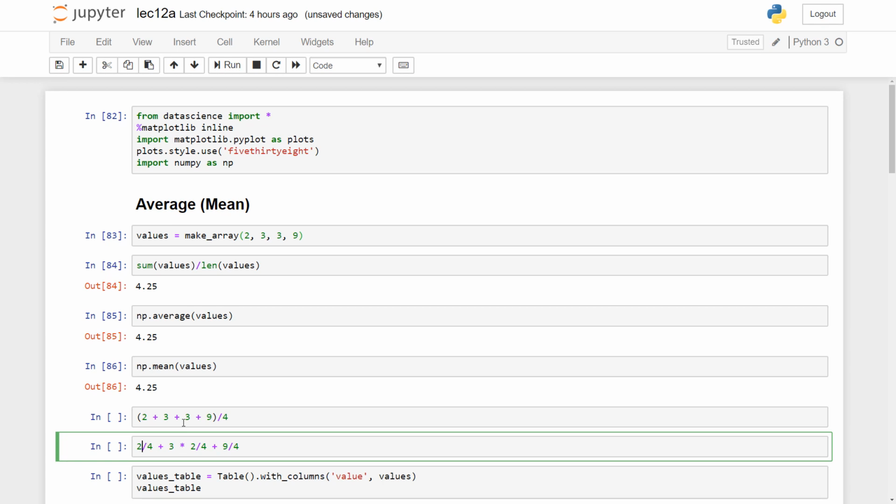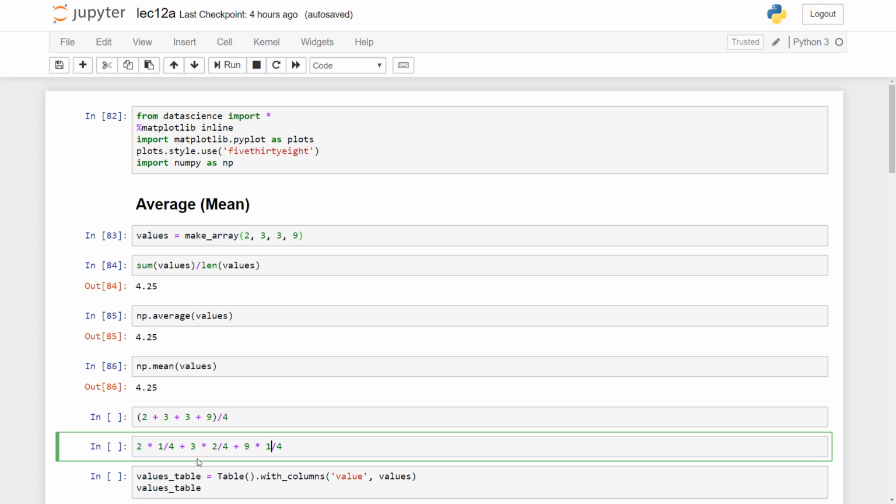Now let me make this more clear by saying 2 divided by 4 is 2 times 1 over 4, and 9 over 4 is also 9 times 1 over 4. If we look at this expression now, it looks like a weighted sum of the distinct values in the collection or in the array.